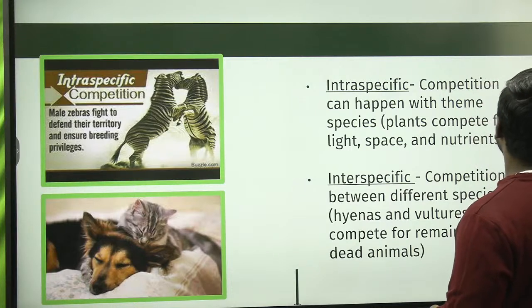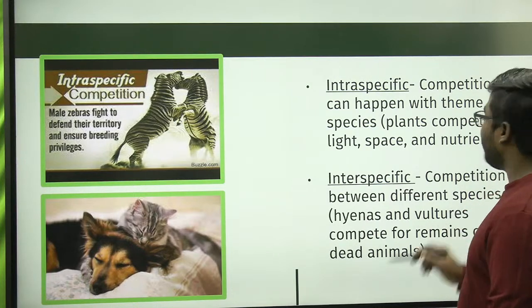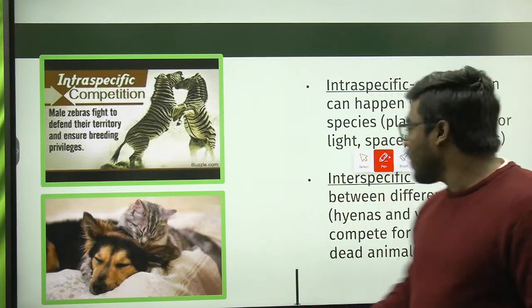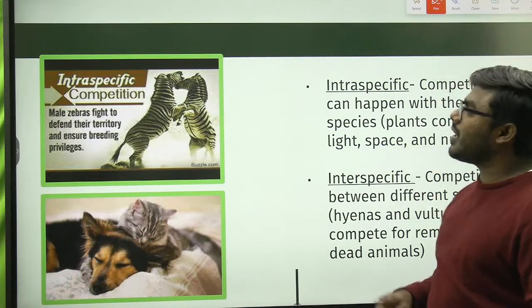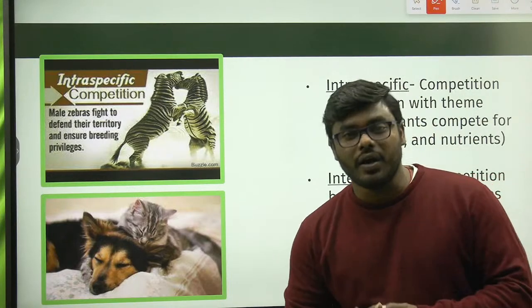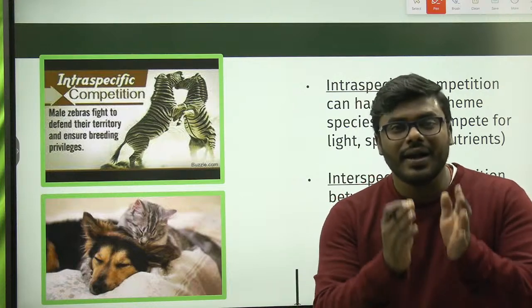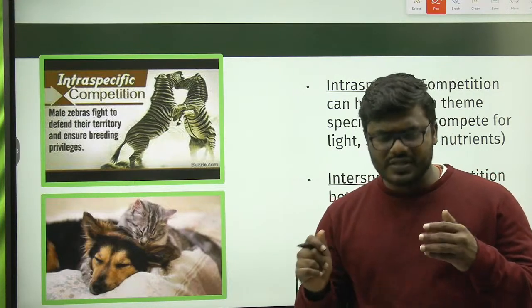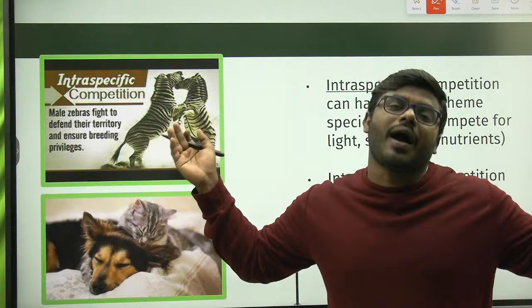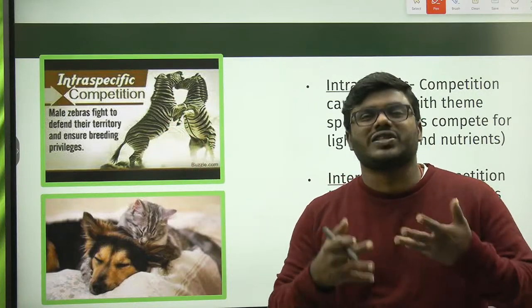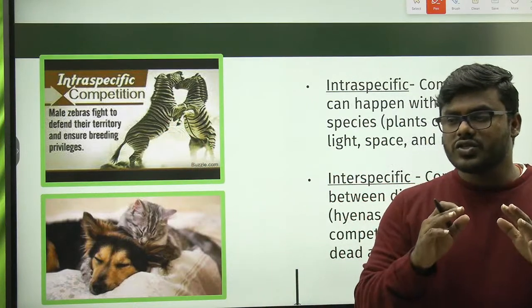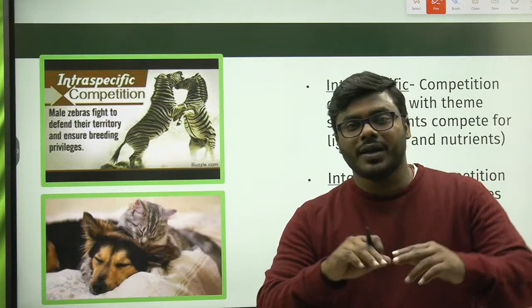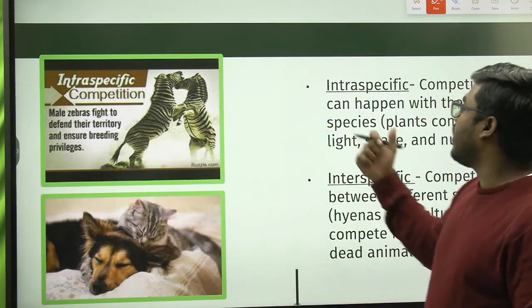So that's what, friends, how can I define it? Competition is the struggle between the individuals for limited resources. Because, friends, when resources are abundant, obviously there will be no chance of competition. Only when resources are very limited does competition occur.